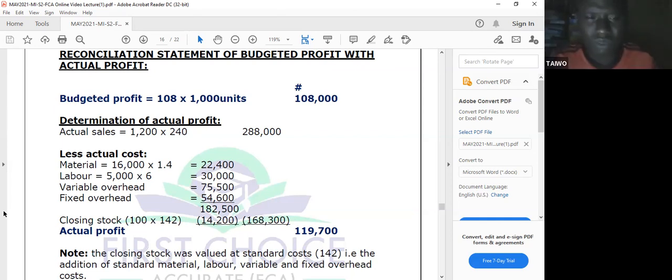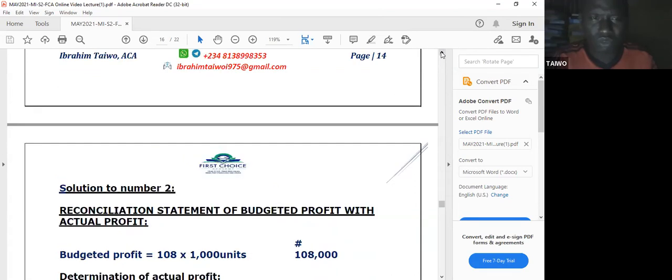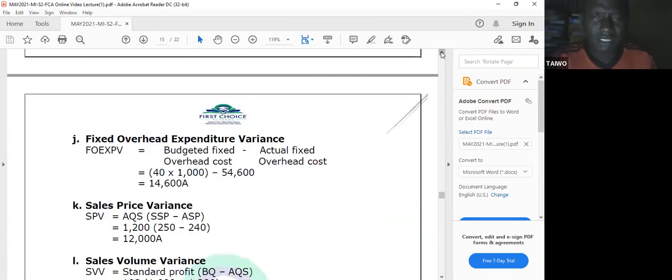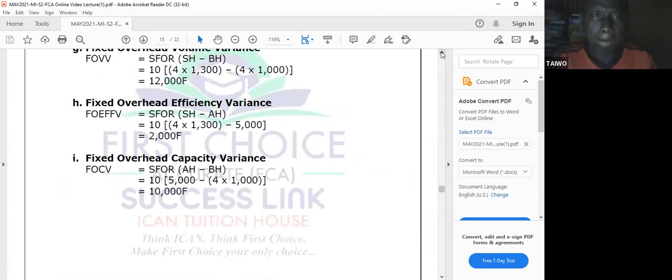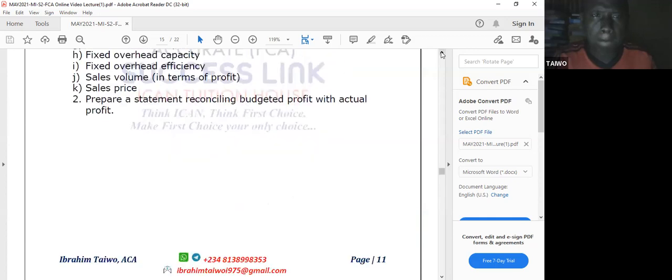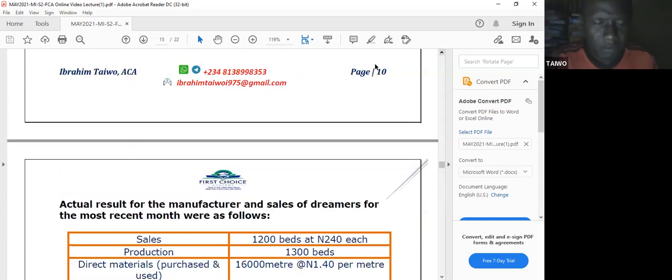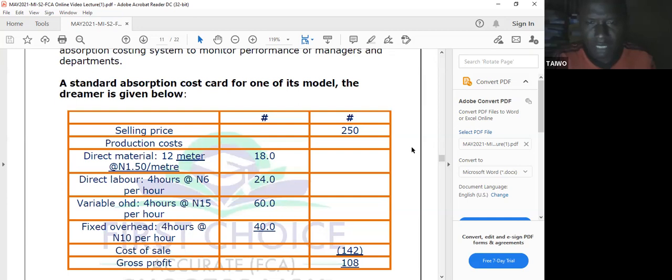And what was the standard cost of production? It was 142, because if you look at standard cost of production, it was actually 142. Where is it? Can you see standard cost of production, cost of sales? Standard cost of sales is 142.